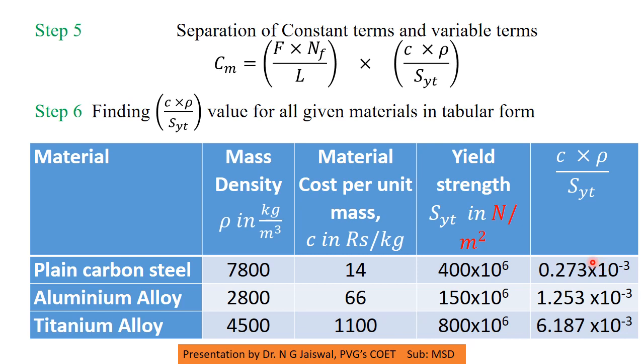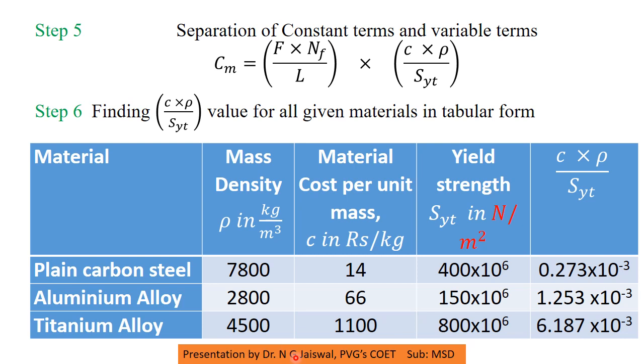Now obviously the least value is this one, 0.273, among these three, and therefore if it is multiplied by the constant number, it will be again least. Therefore, plain carbon steel, if you choose, will give you the least cost.